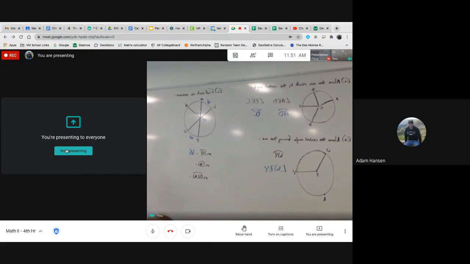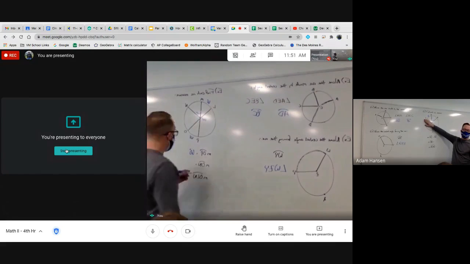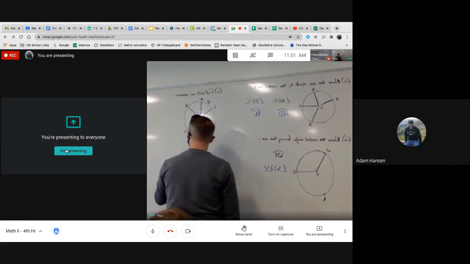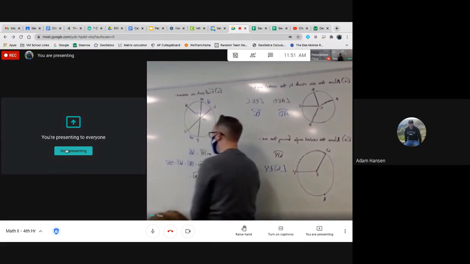Well, let's play that same semicircle game again. 180 minus, and then, what am I taking away from 180? 60 and 55. There's three pieces. I know two of them. Find the third by just subtracting from 180. Take away 60 and 55. What do we get?